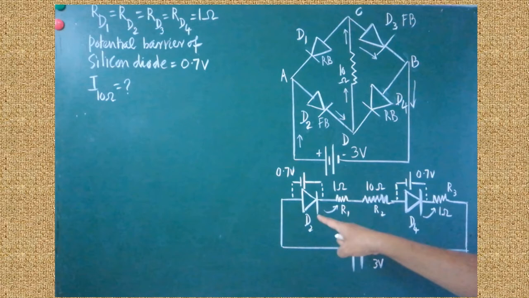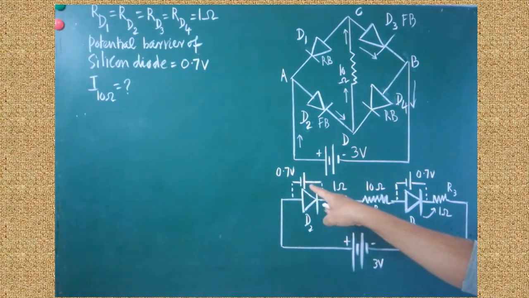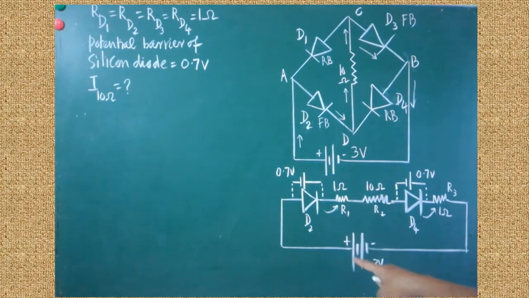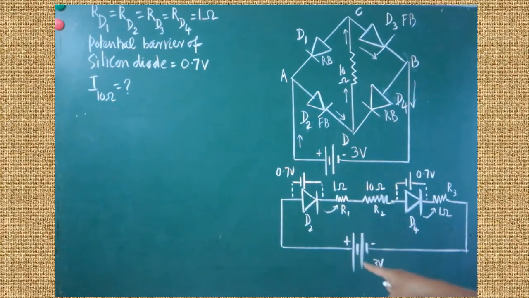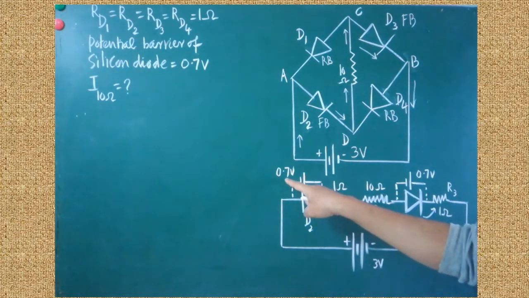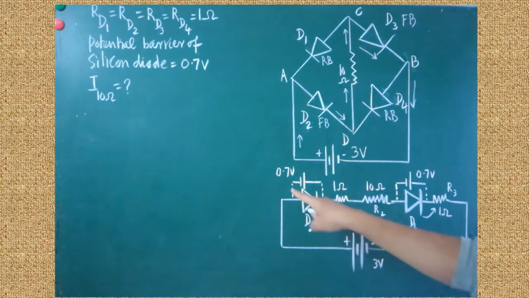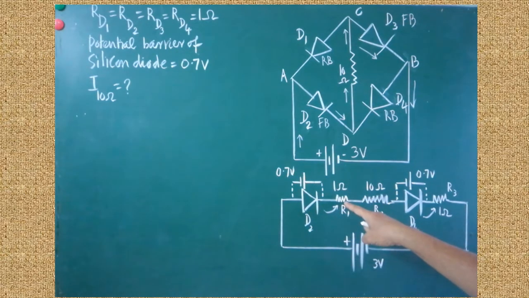I have drawn the same D2. The potential barrier should be drawn in this form. The potential barrier of the diode always opposes the applied voltage. Therefore, the polarity must be drawn like this, in the reverse order. The potential barrier of diode D2 is 0.7 volt, and its respective resistance is drawn. Its value is 1 ohm.